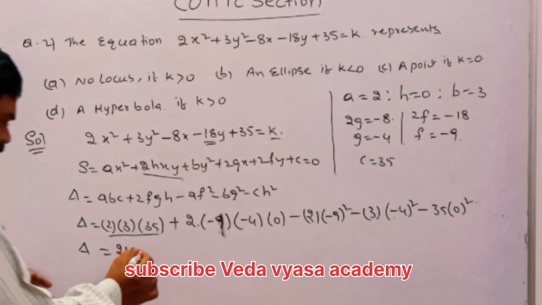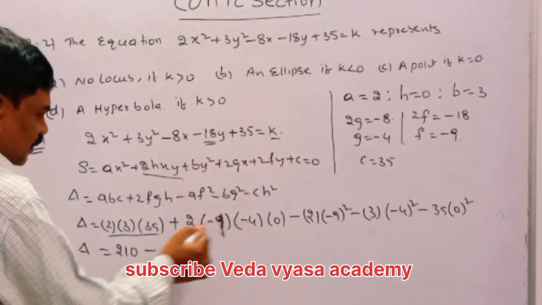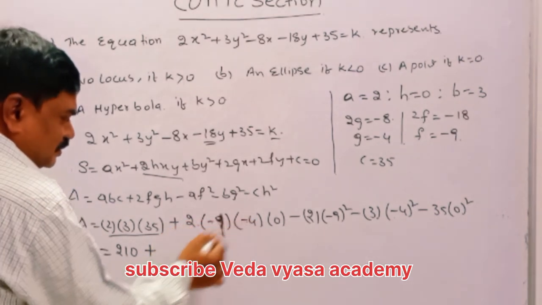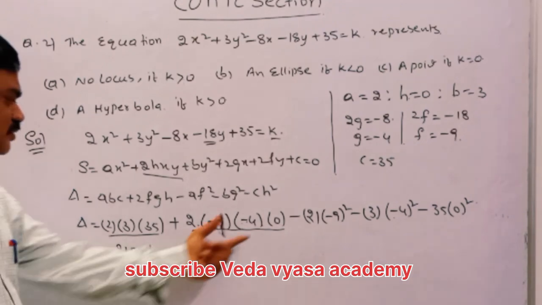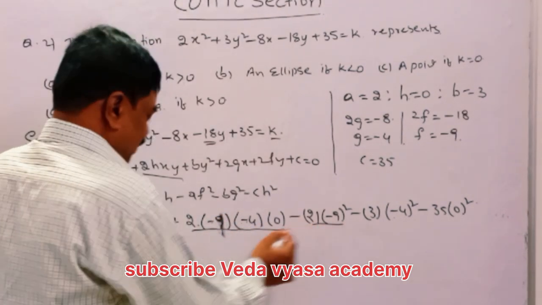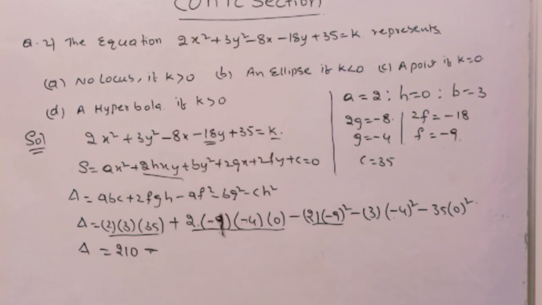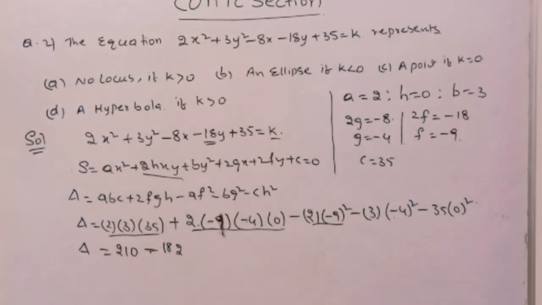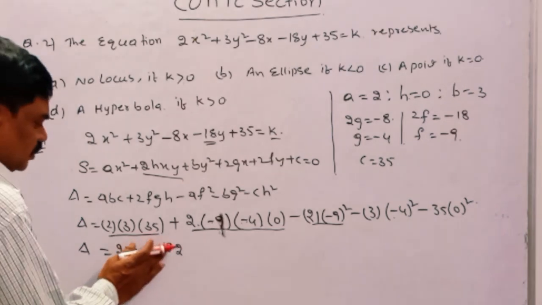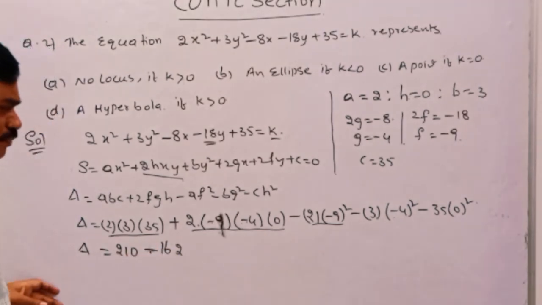The next term, 2fgh, has h = 0, so it is 0. Then minus 2 × 81, that is 162.